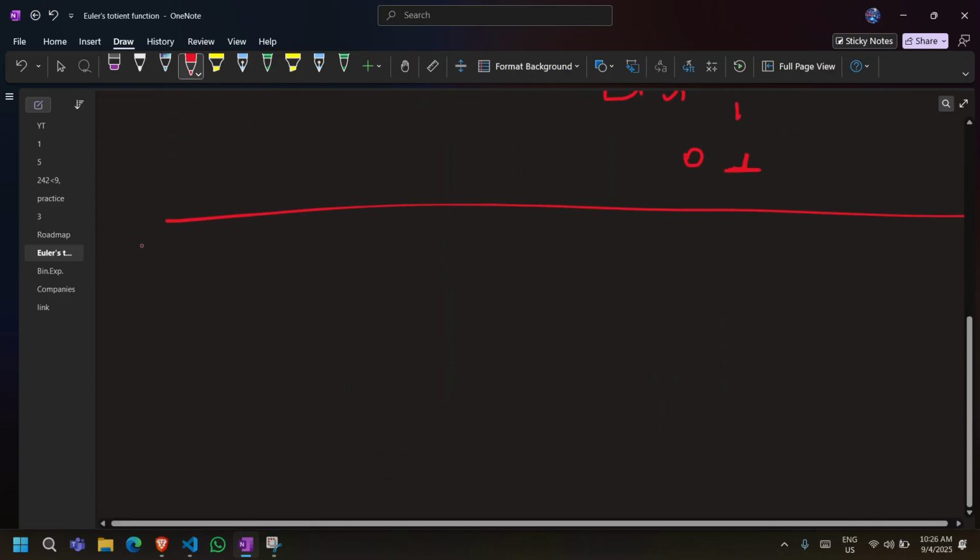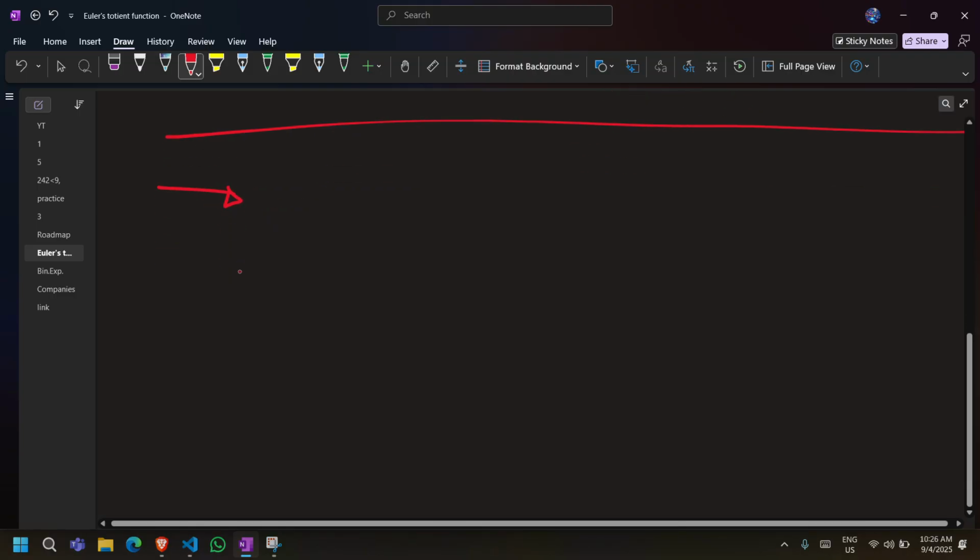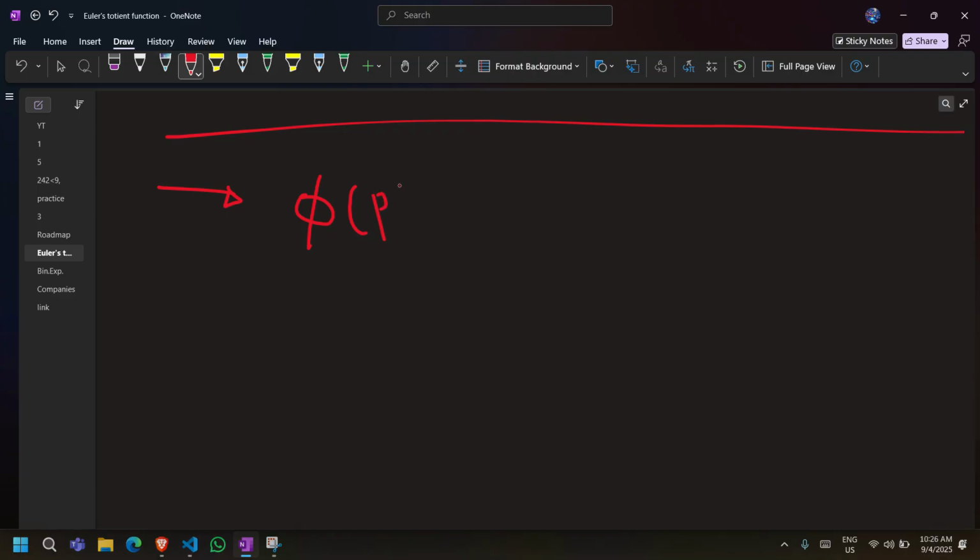Now let's see some properties of phi. Tell me what is the phi of a prime number p. You know that a prime number is divisible by only 1 and itself.